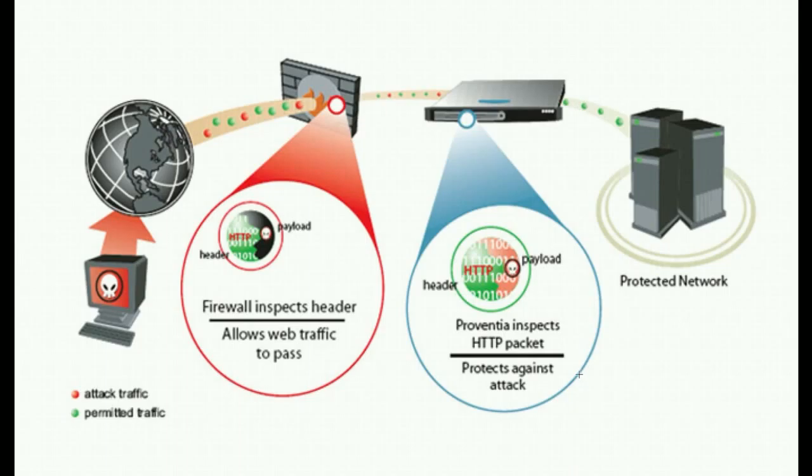Okay, this is the more technical setting of how IPS and firewall operate in the network. On this side, you will see the internet, then the firewall, the IPS, and the protected network. Down under the internet, you will see a red dot which stands for attack traffic and a green dot which stands for permitted traffic.